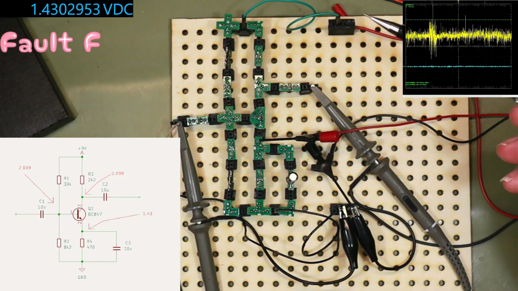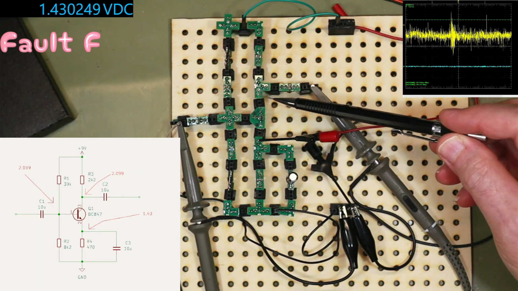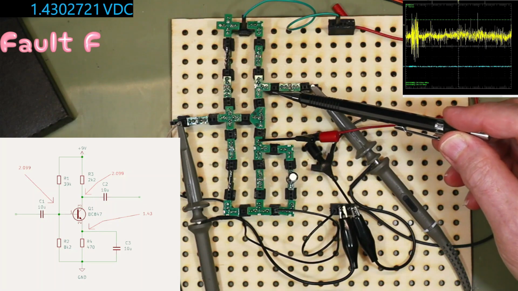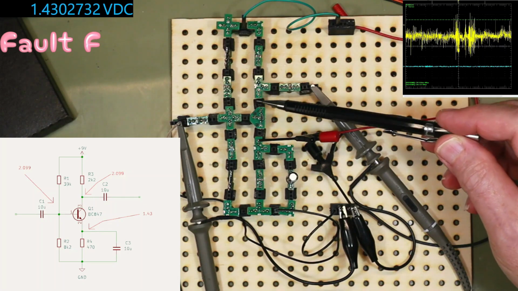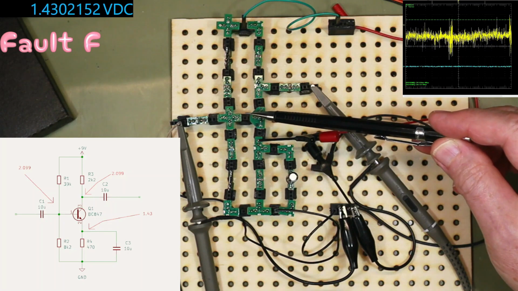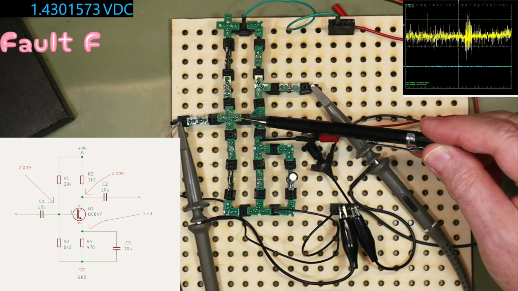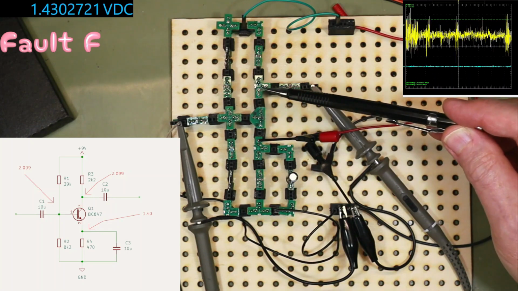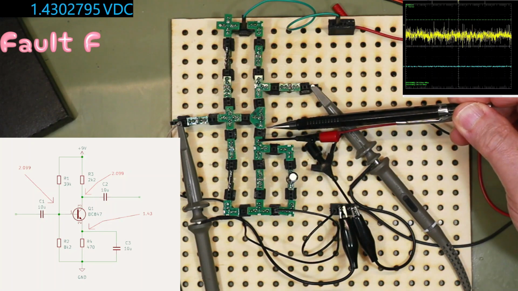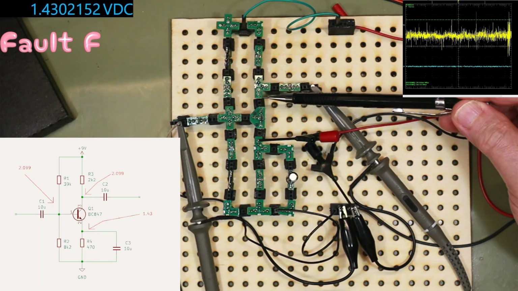But what do the voltages tell you? Voltage on the collector is 2.099. The voltage on the base is 2.099. They're identical. Now, why would they be identical? There is current flowing, because if there was no current flowing, that would be closer to 9 volts.